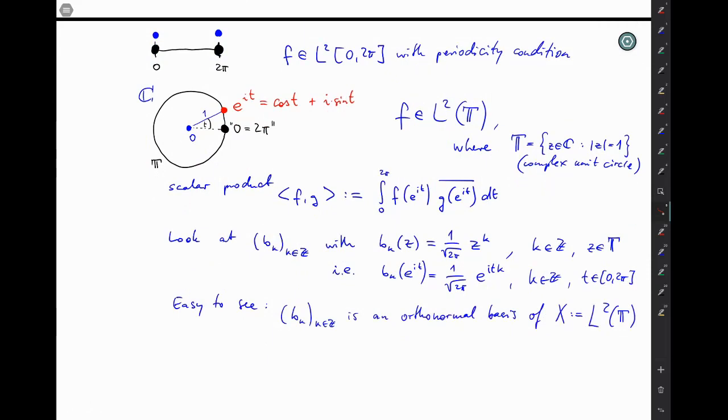So you simply have to check that any two of these functions are orthogonal to each other in the sense that the scalar product is 0, but that's easy to check.